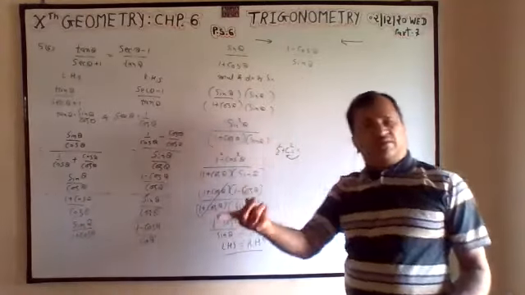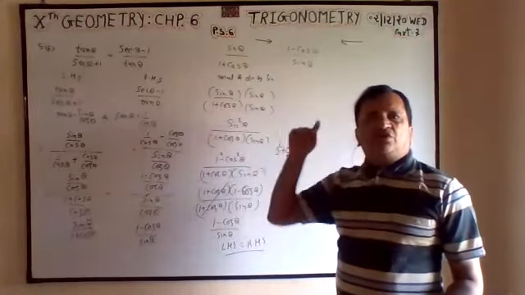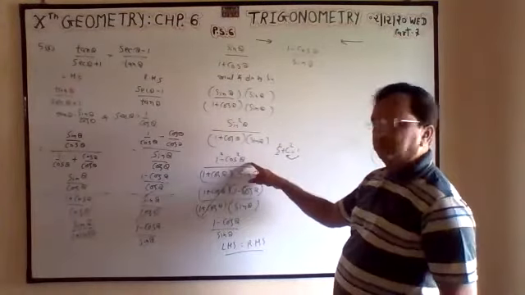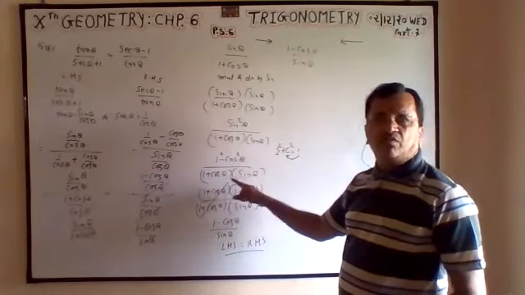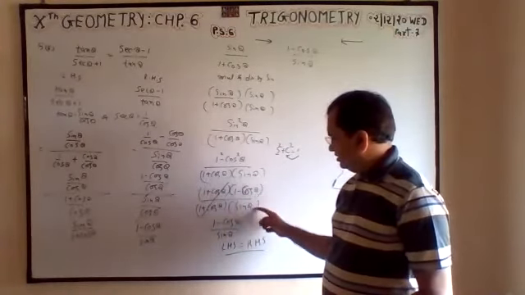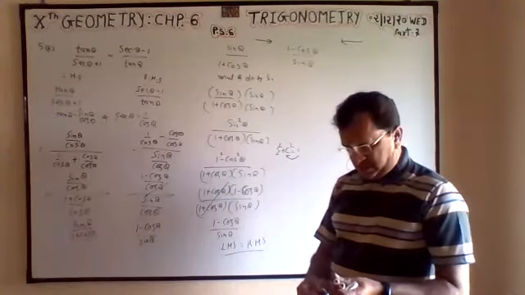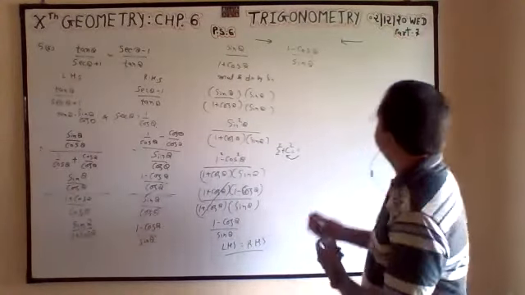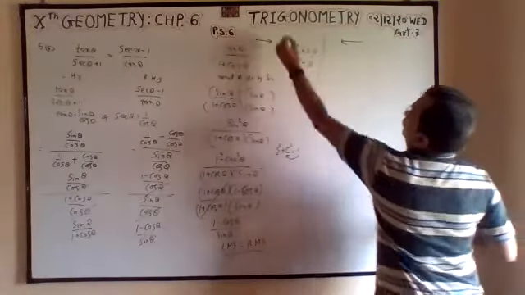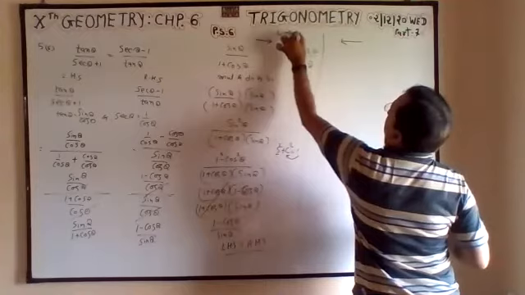Sine square you can convert because you want cos square. So sine square is equal to 1 minus cos square. 1 minus cos square is equal to 1 plus cos, 1 minus cos. So the plus pair will omit, and this will remain. Now, okay, this I have done. From left is equal to right I have done.